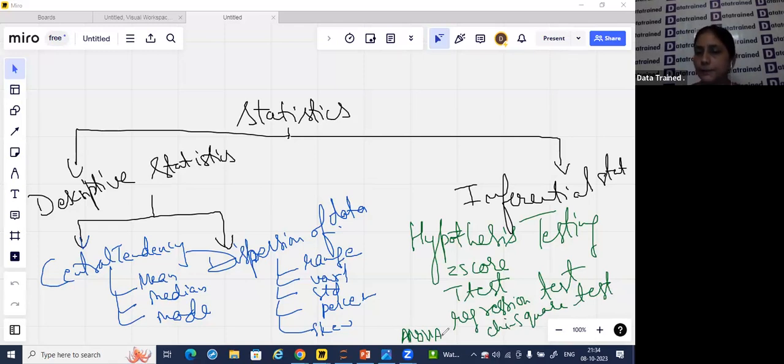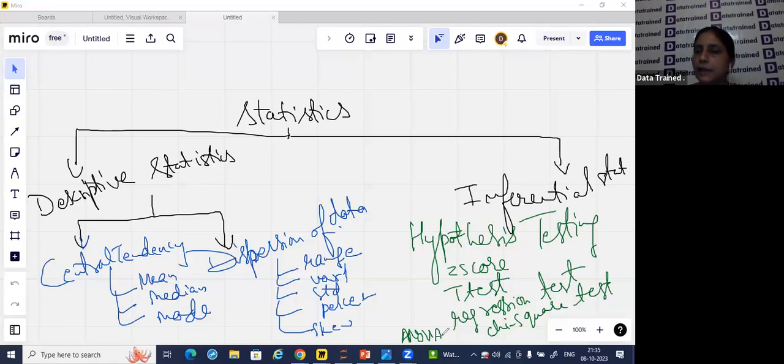There are so many tests. Actual statisticians work with a lot of data. We are going to cover a few only because we do not require that much. But yes, we should know what is hypothesis testing, what is z-score, t-test, regression test, because statistics itself is a wide field.